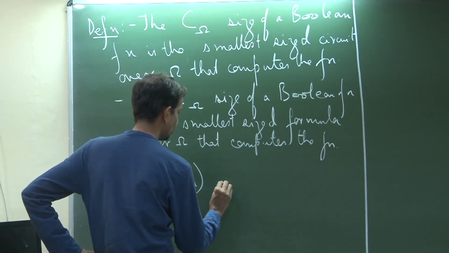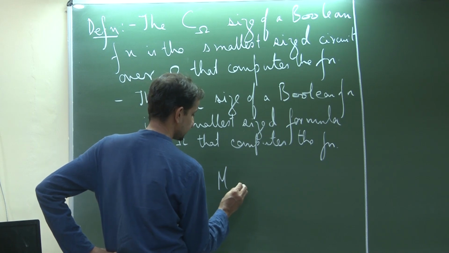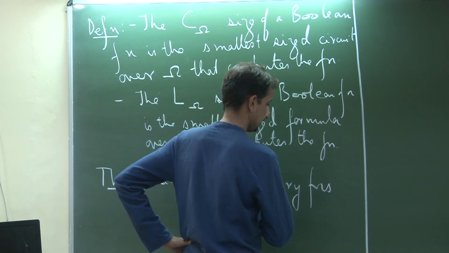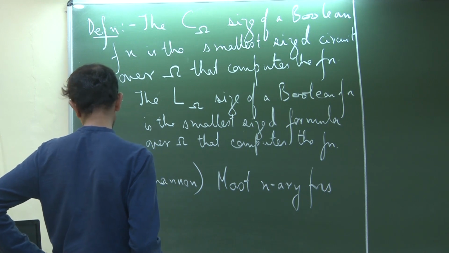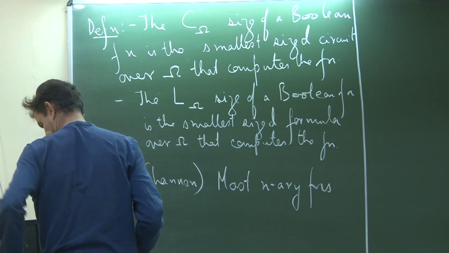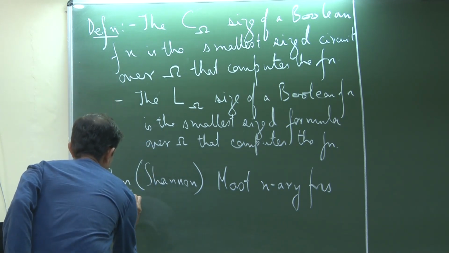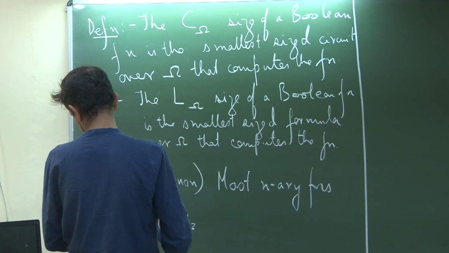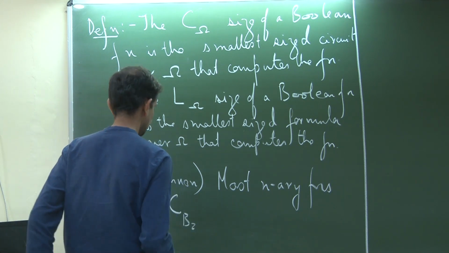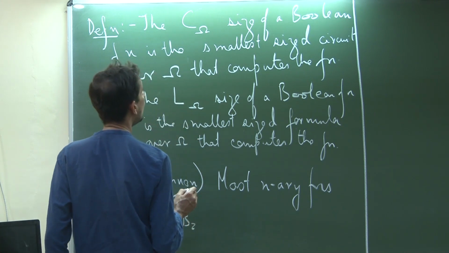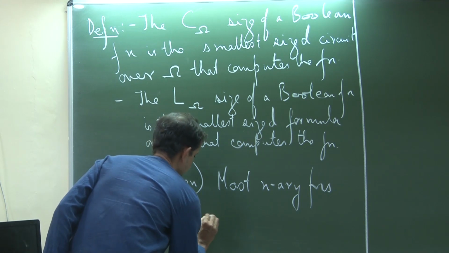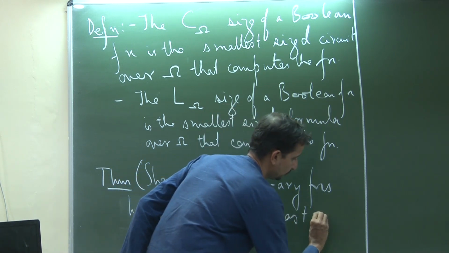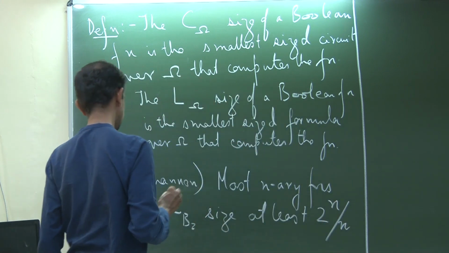What he showed is that most functions over n variables, most n-ary functions, have C beta 2 size at least 2 to the power n over n for sufficiently large n.